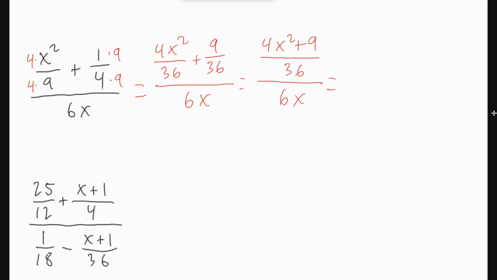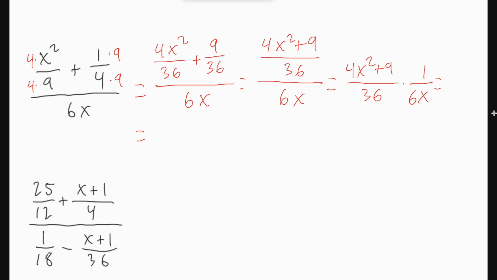And now we multiply by the reciprocal. So that'll give us 4x squared plus 9 over 36 times 1 over 6x. I'm going to move that down bottom now, just for some more room.